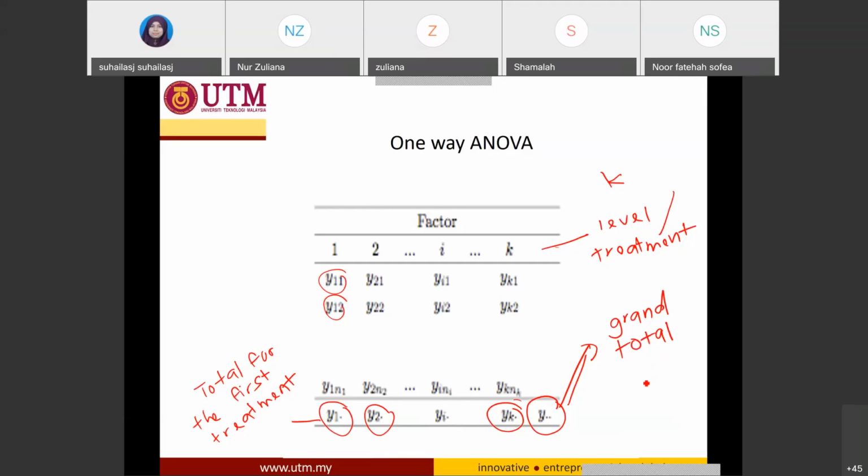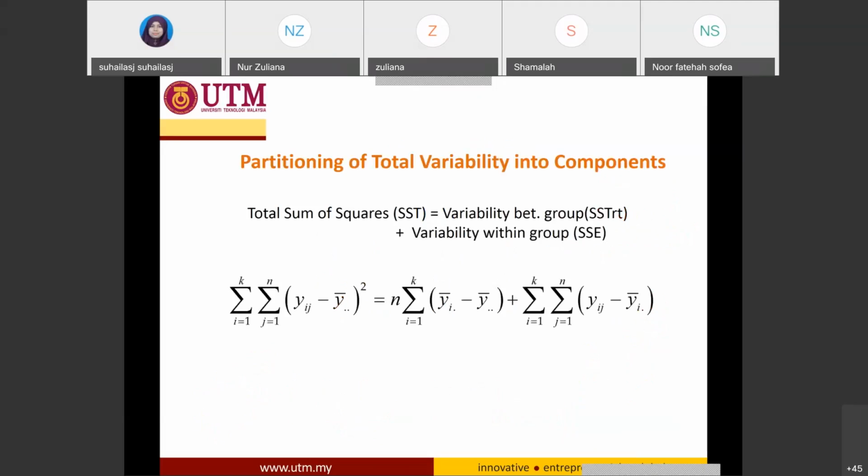We want to look at the formulas. If you have questions, let me know if you don't understand. When we say analysis of variance, it means variability, variation. Now the total variability is split into two components. We have the total sum of squares, denoted SST. Then variability between groups is the sum of squares treatment, SSTRT.